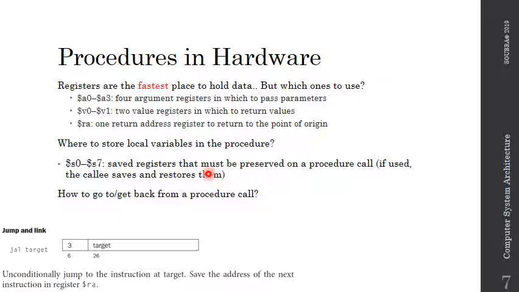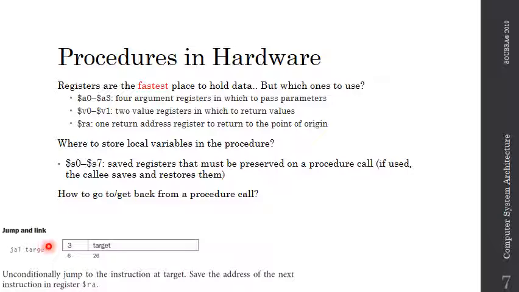Alright, so jump to a particular target, which is the function that I'm calling. Fair enough. This is how I transfer the control to the function. And when I use a jump AL, that stands for jump and link, not only am I jumping in an unconditional way, but I'm also saving the return address.